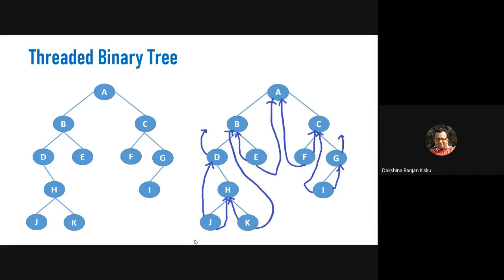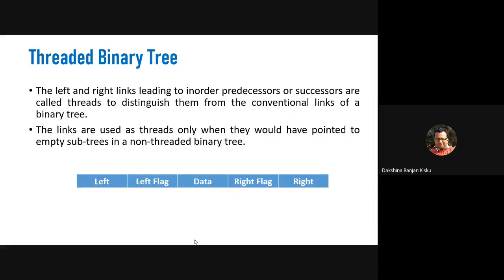We can take two different variables: a left flag and a right flag. We can set two different values for the left flag and right flag: one is 0, another is 1.